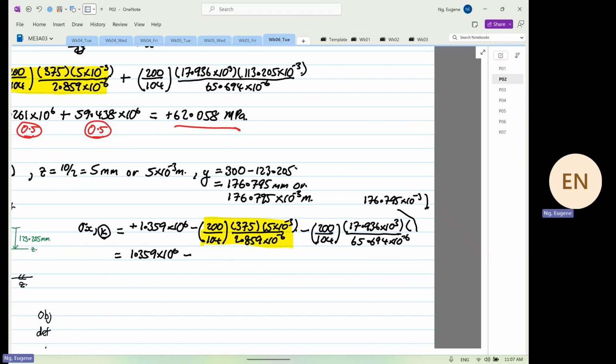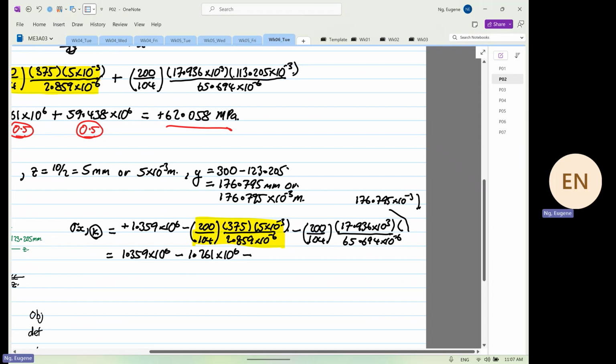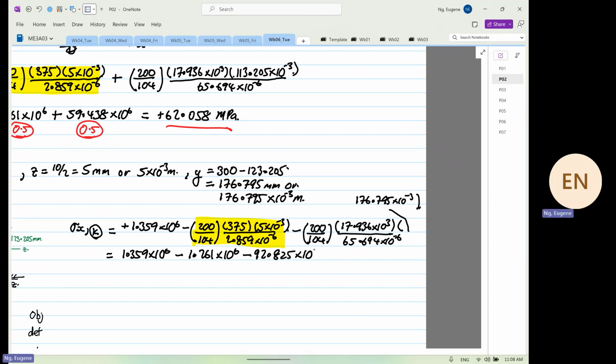And then you just put minus over here 1.261 times 10 to the power 6. And then this will be minus 200 divided by 104 times 17.936 times 10 to the power 3 times 176.795 times 10 to the power minus 3 divided by 65.694 times 10 to the power minus 6, which is equal to 92.825 times 10 to the power 6.